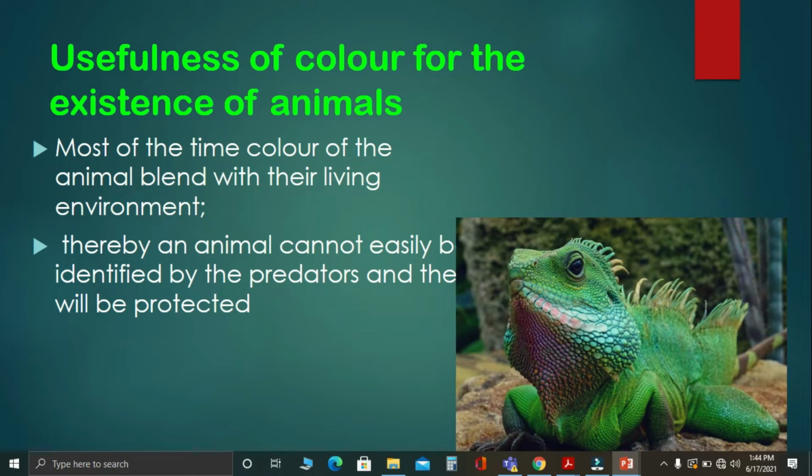It is an adaptation that helps to protect these animals from predators. Predators cannot identify them easily because the environment color and the body color are the same. So the color of the animal helps to protect it from predators. It is one of the usefulness of color.